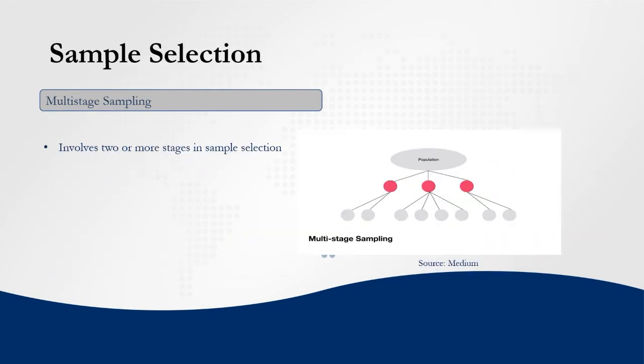Then the last one under this theme is multi-stage sampling. Multi-stage sampling incorporates all the elements that we have learned. It's just that you don't sample once. You have different levels of selection.